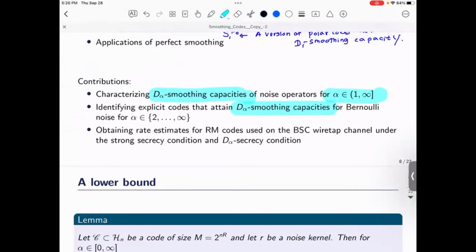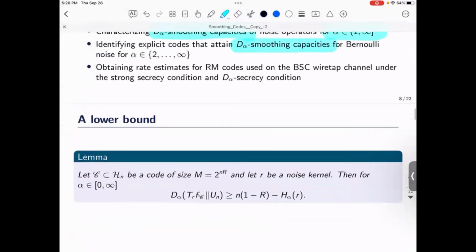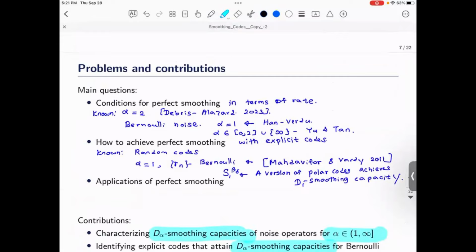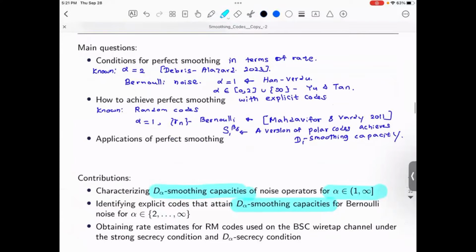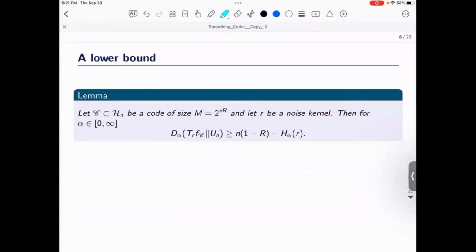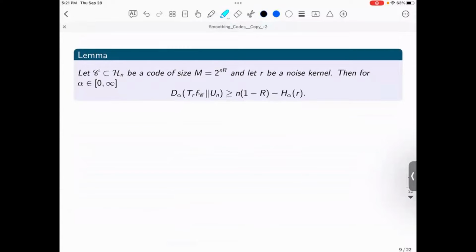Now, as we mentioned, one of our prime tasks is to characterize perfect smoothing capacities, or find how good perfect smoothing is in terms of rate. Keeping that in mind, let us consider this lemma. Let's say you have a code of size 2 to the power nR and a noise kernel R. Then for any alpha between 0 and infinity, you have this inequality.